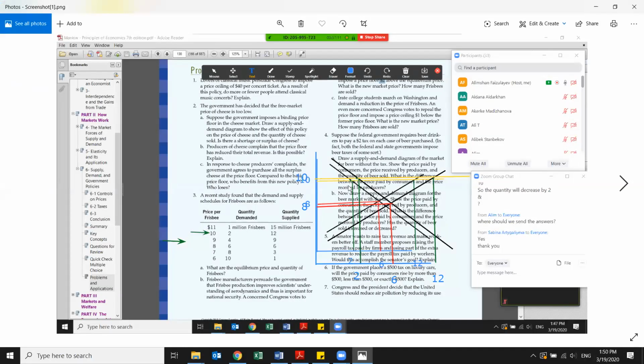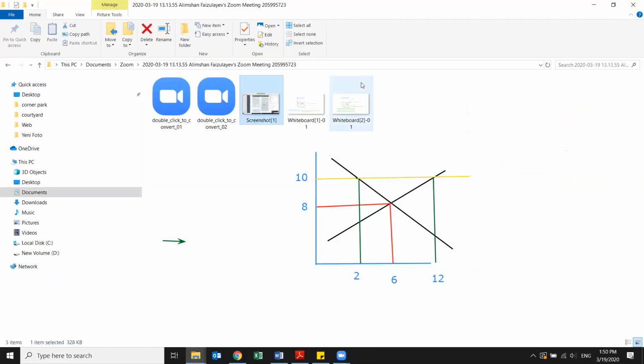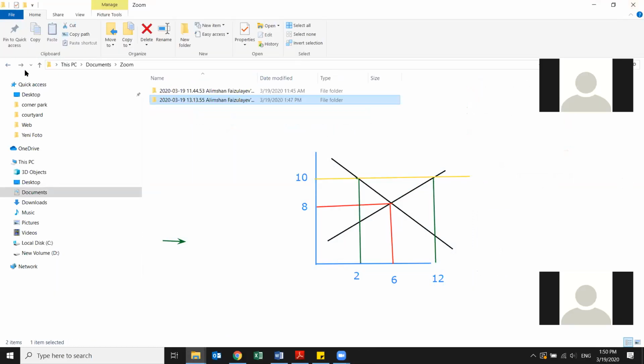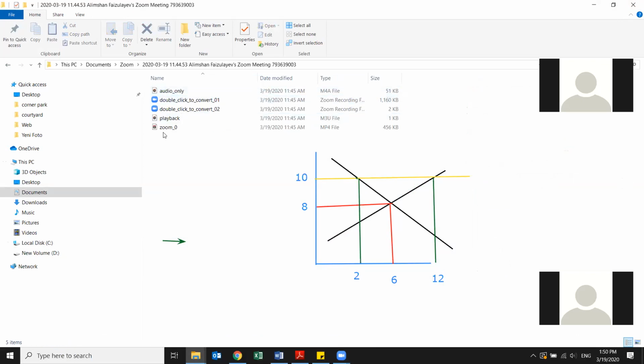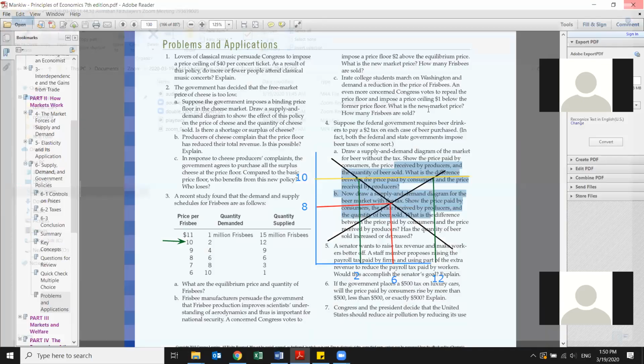Yeah, good. It's very well visible. Nice. Great.